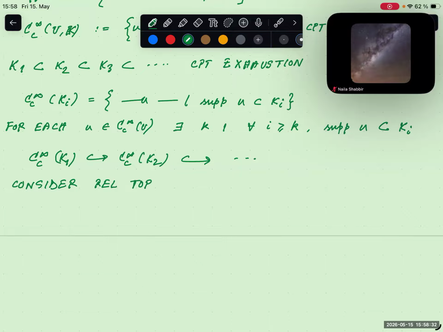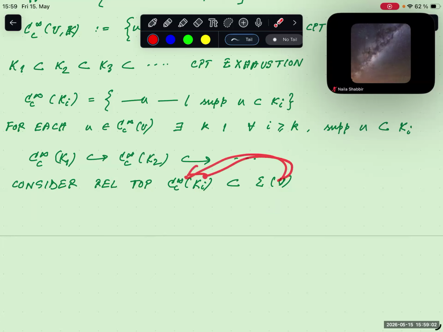So for those who are not familiar, you think about, okay, you have a topology on here. So we have a topology here, and this is a subset. So you cook up a topology using the topology from here so that all these open sets here are also open sets there.